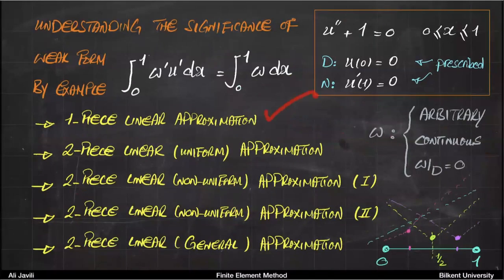We did one piece linear approximation, we did two piece uniform, and we did two pieces that are non-uniform, and we compared how this non-uniformity could help us capture the behavior of a function. Now, if I want to put all of them in one graph, that's what I want to do next, it's going to look like this.